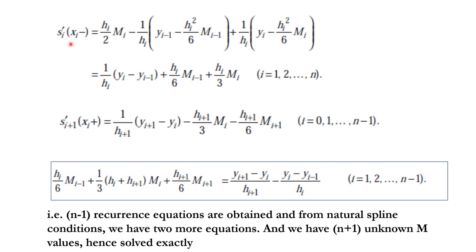So both should be continuous at the boundary or at the node. So setting the condition si prime of xi minus 1, we substitute in the previous equation for the si prime, x equal to xi, and we obtained this.